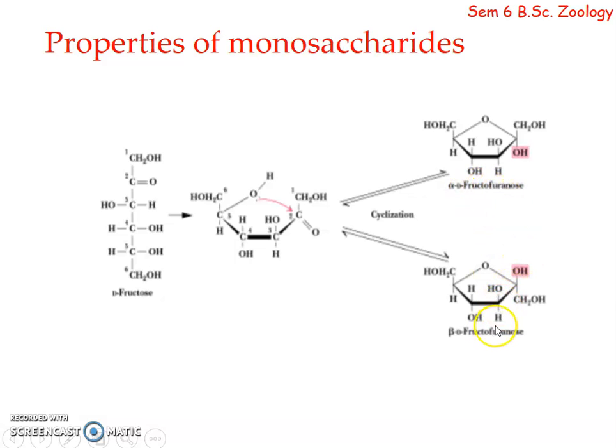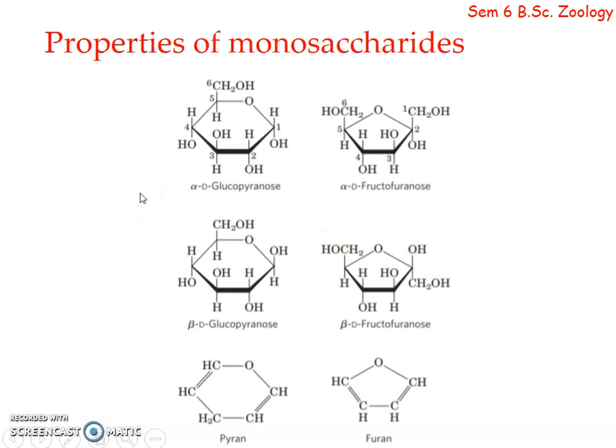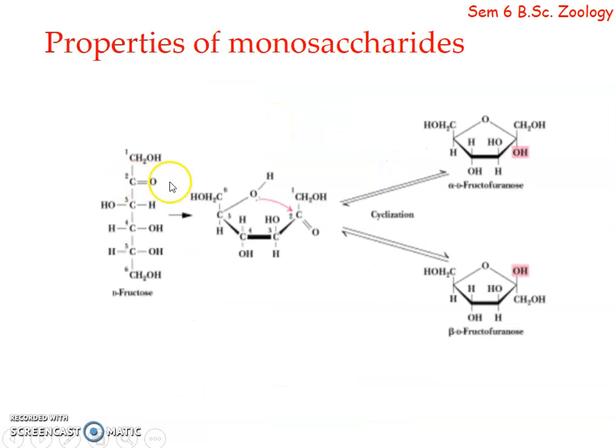In D-fructofuranose, two isomers are possible depending upon the position of the hydroxyl group on the anomeric carbon. Which is the anomeric carbon? Here it is the second carbon. In D-glucose, it was the first carbon which was anomeric, but in the ketose, fructose, it is the second carbon which is anomeric.